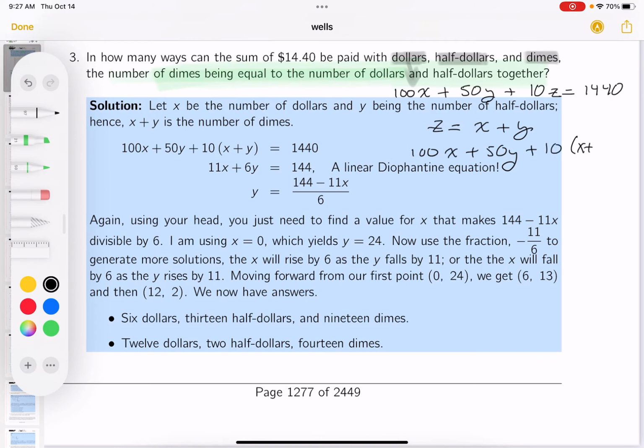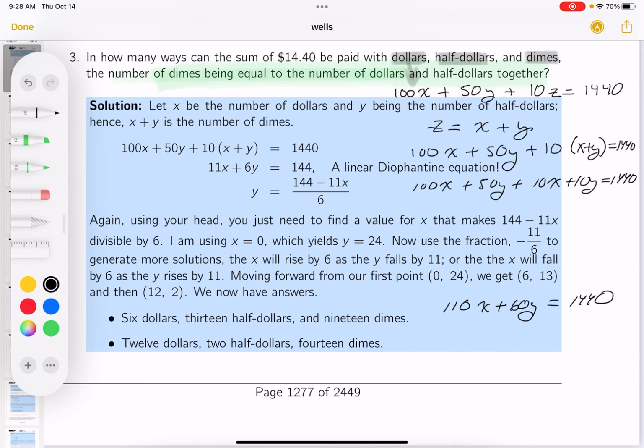X plus Y. I got to simplify this. 100X, 50Y, plus 10X plus 10Y equals 1440. Boy, it's going to get tough. You get 110X plus 60Y equals 1440.